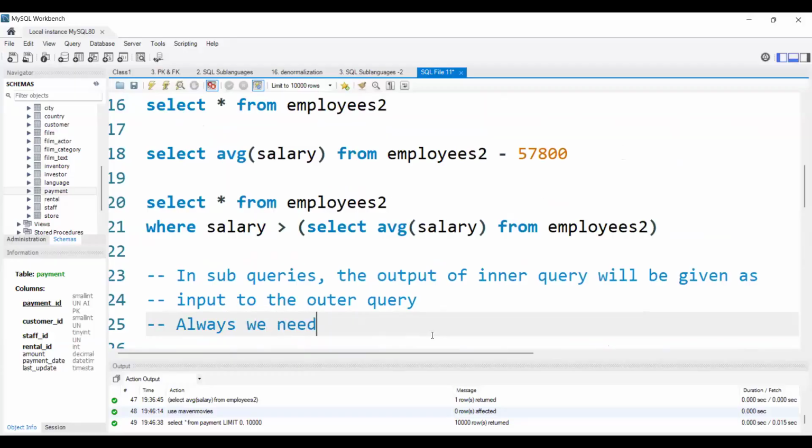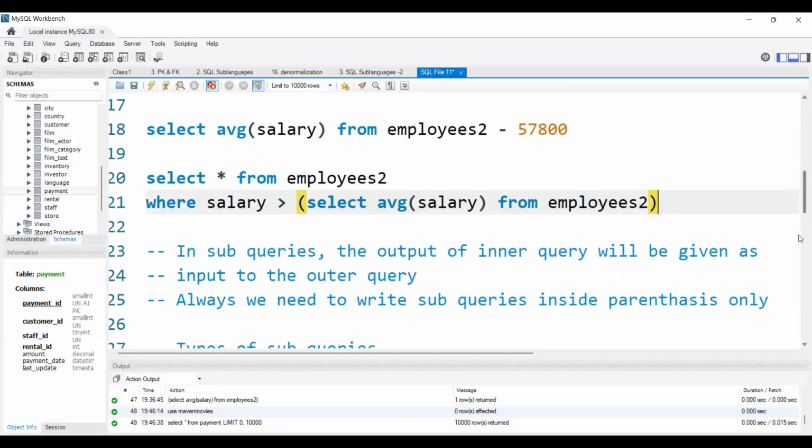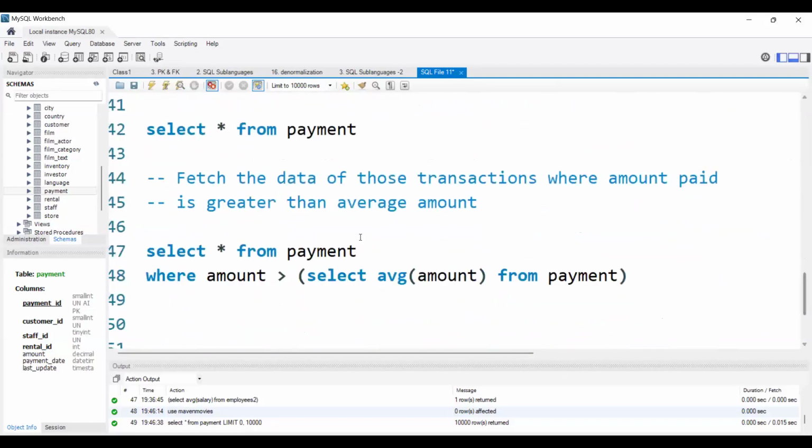Always we need to write subqueries inside parentheses only. Okay, definitely we need to write the subqueries inside the parentheses, that is inside the brackets only we need to write the subqueries. Whatever I write inside the brackets is considered a subquery.